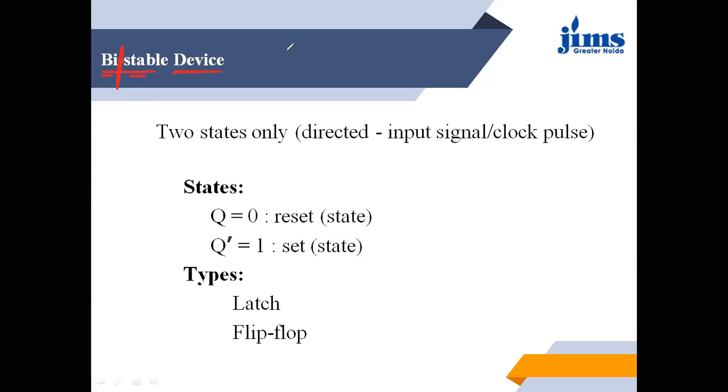The two states are either high or low, and we know that when we say high, it represents 1, and in case of low, it represents 0. So a device that has only two values is called a bistable device. Means two states only, either high or low, where the values are either 1 or 0.